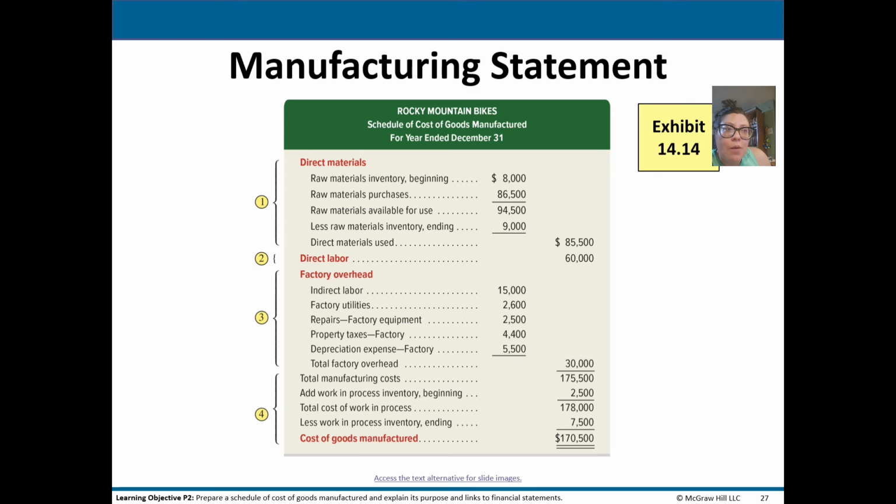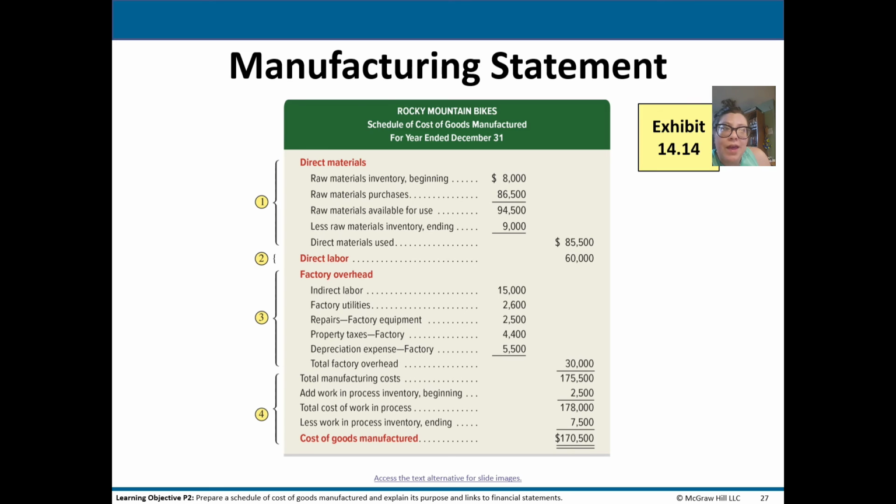So add beginning raw materials inventory of $8,000 to the purchases of $86,500 during the year, and that gives you $94,500. So that's the raw materials that are available for use during the year. Now, at year end, most companies will do an inventory count.